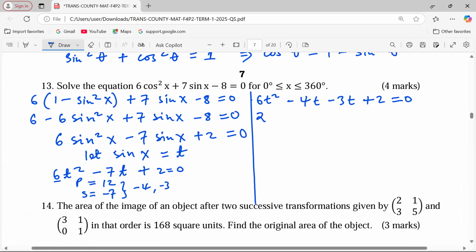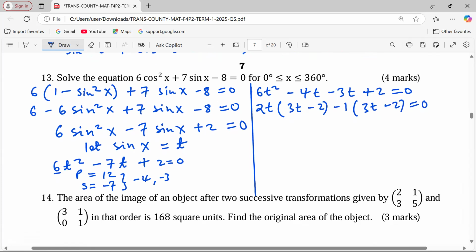So we factor out 2t from the first two terms, so that we remain with 3t minus 2. Then we factor out negative 1 from the last two terms, so that we are remaining with 3t minus 2 equals 0. So from inside the brackets, we're having 3t minus 2, and from outside the brackets, we have 2t minus 1.